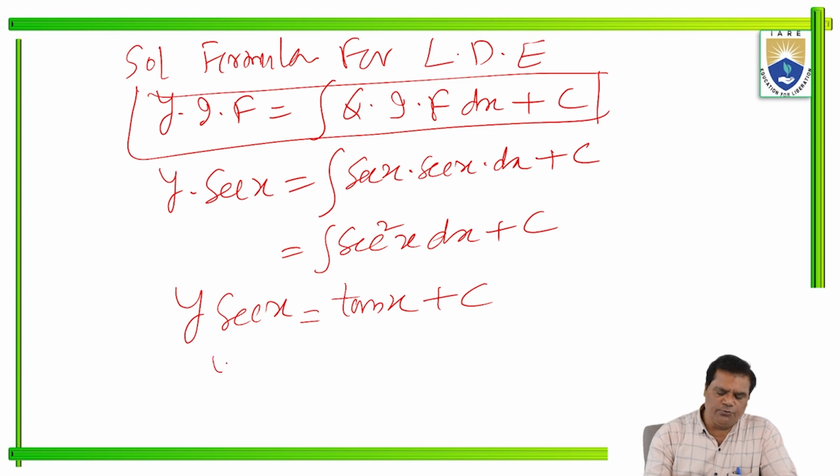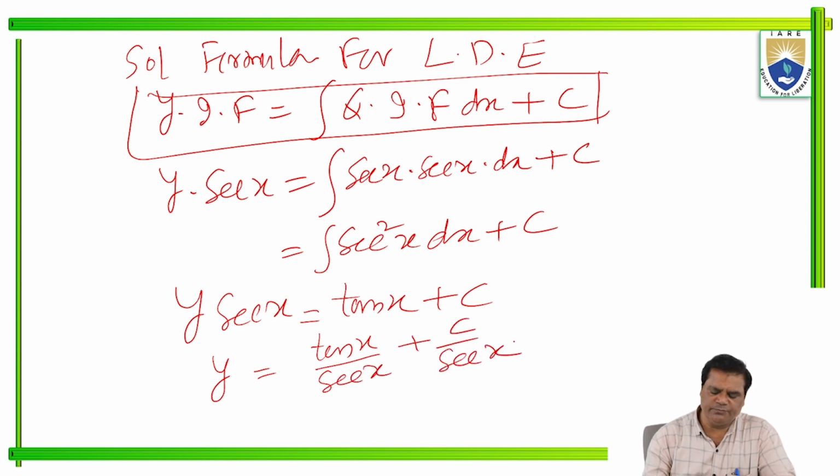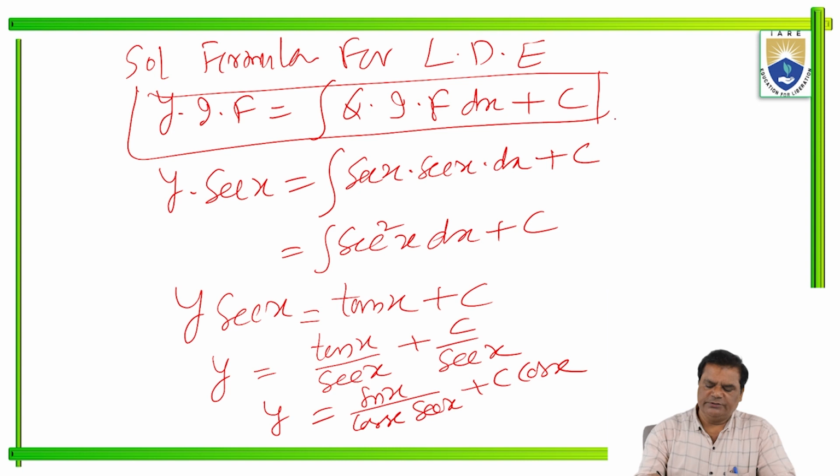So dividing by sec x, y equal to tan x upon sec x plus c upon sec x. So y is equal to sin x upon cos x into cos x plus c cos x.